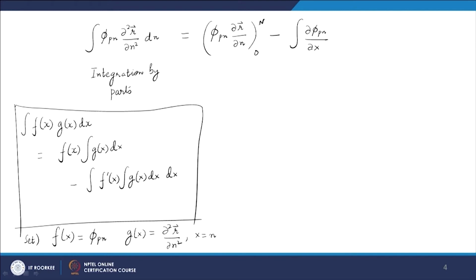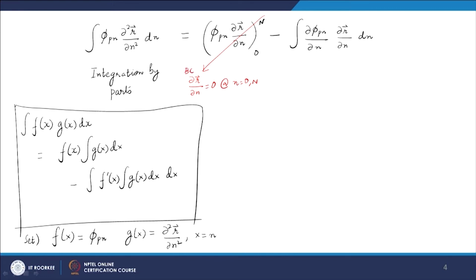Again, the integral of the second derivative is the first derivative, that is n here. So, we have ∂r/∂n dn. Now, the first term goes off because ∂r/∂n is equal to 0 at n equal to 0 and n, that is the boundary condition.